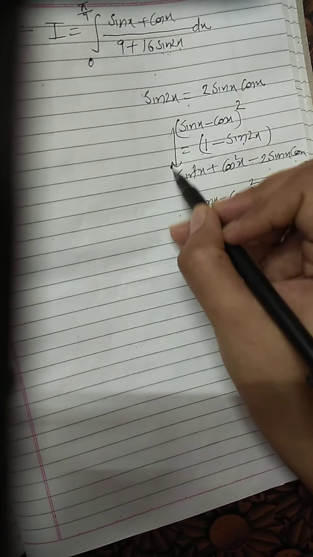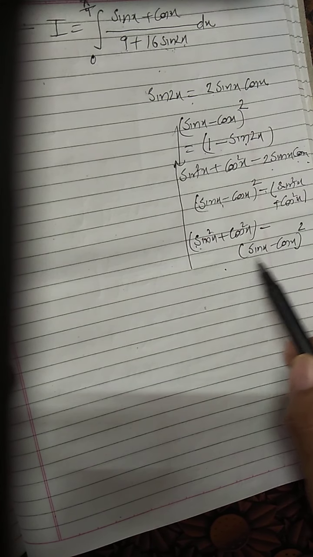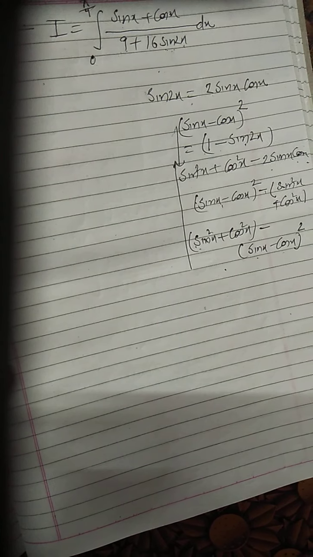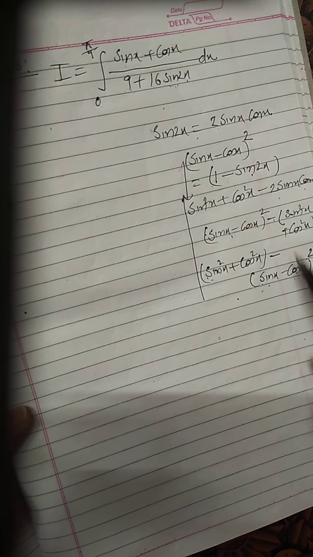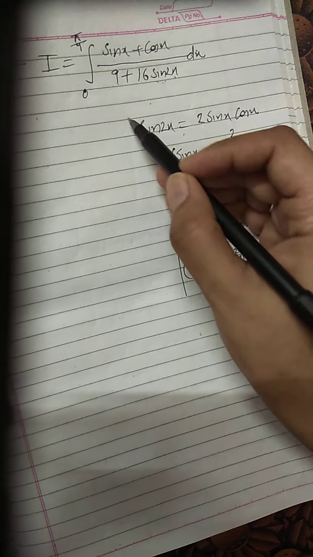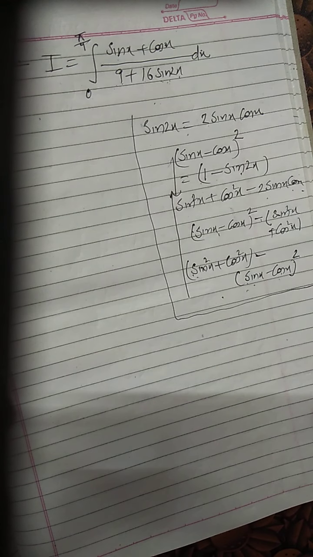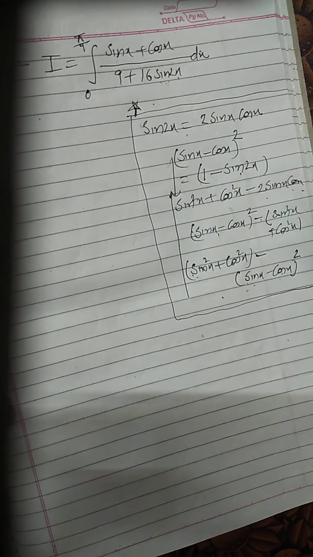This is 1 only, so it will be written as 1 minus sin x minus cos x whole square. Then this sin x minus cos x I can put as y, and sin x plus cos x dx will become dy. I have taken much time to explain this thing. I hope it is clear now.